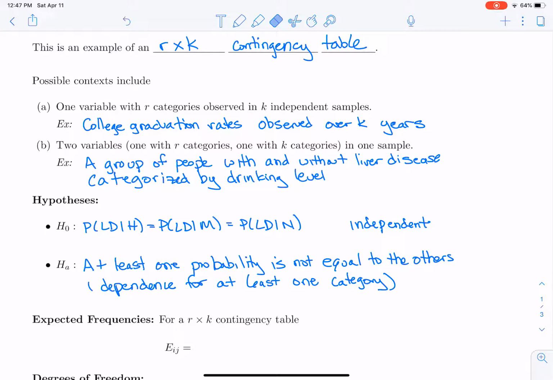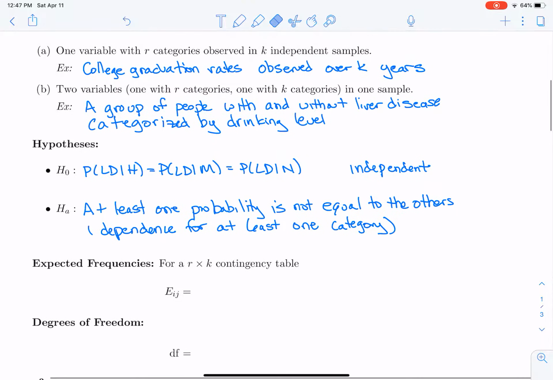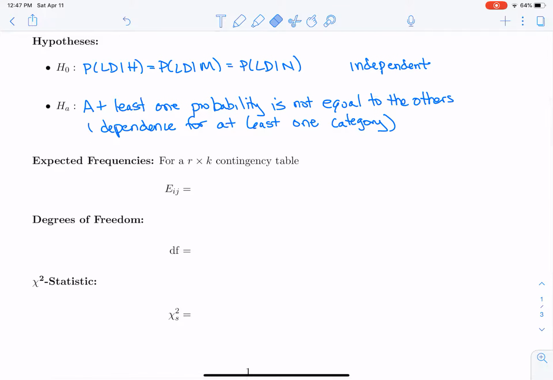Now, for an R by K contingency table, we're going to have to compute expected frequencies. That's going to be the row I total times the column J total, and then we divide by the grand total. So that's not going to change.